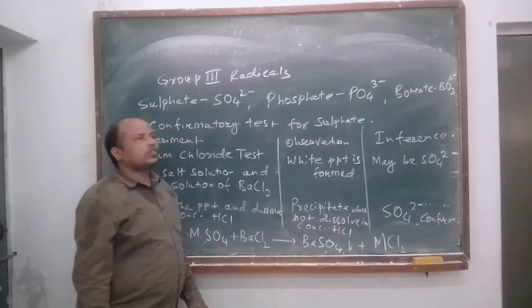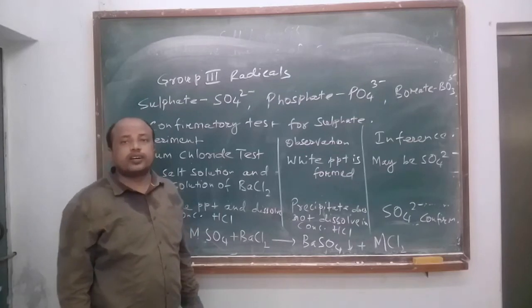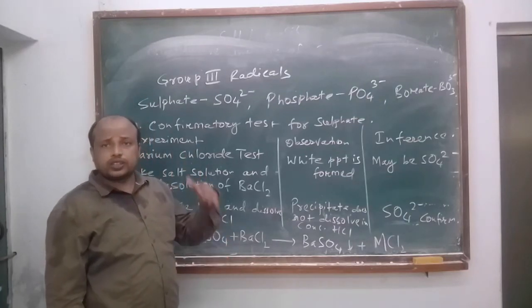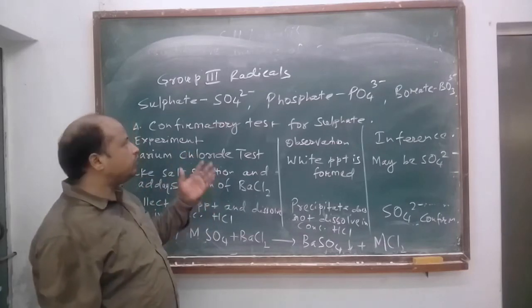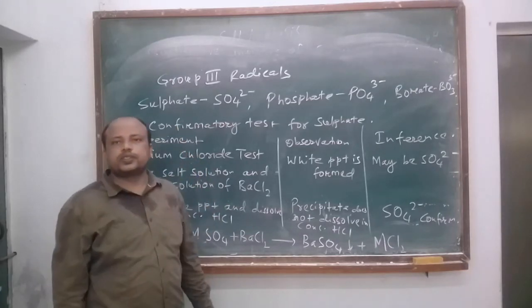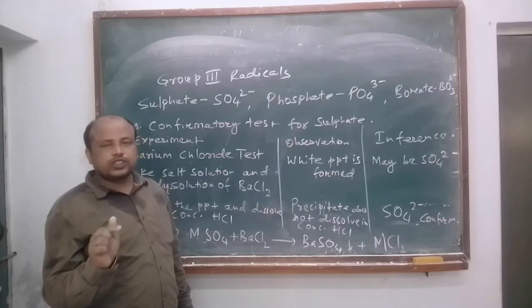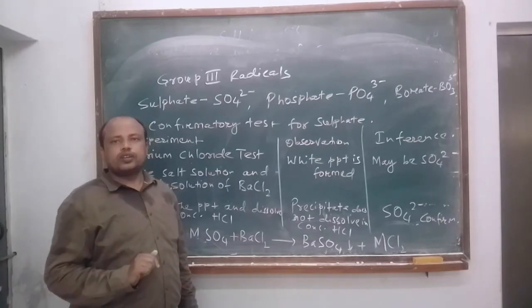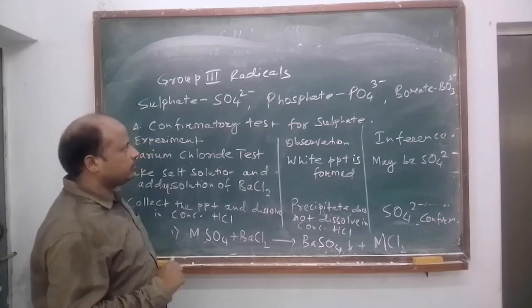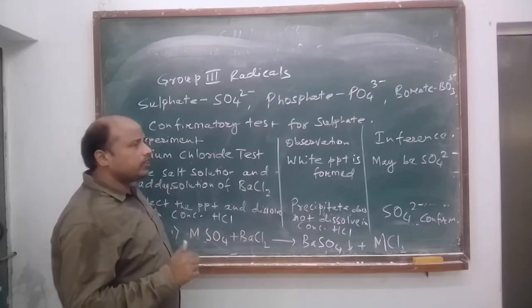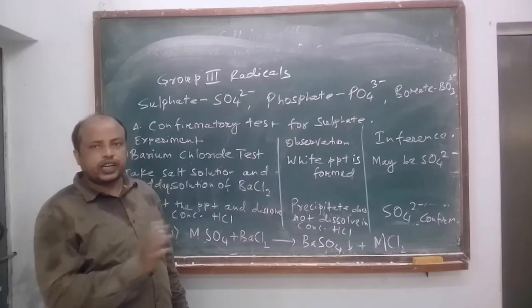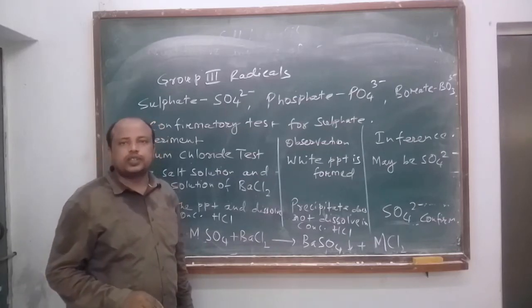So students, I have discussed earlier that anions can be classified based on their reactivity with sulfuric acid. If it reacts with dilute sulfuric acid, it is categorized in group 1 acid radicals. And if it does not react with dilute sulfuric acid, we have to react it with concentrated sulfuric acid.